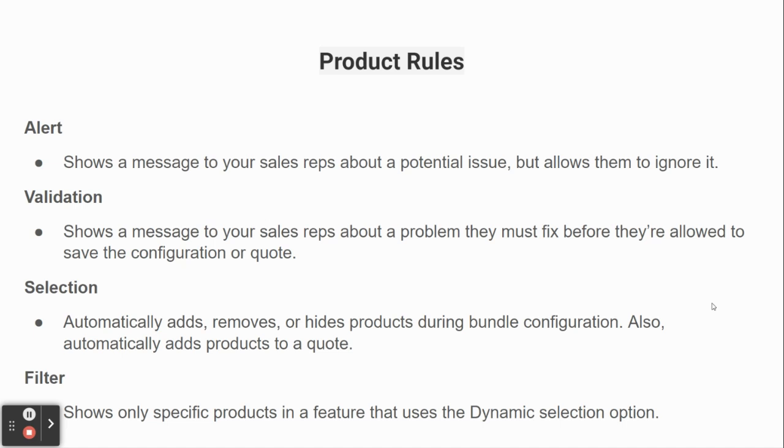So you can set up this feature where you create the products and dynamically have them available for selection if they select the bundle, and then they can just choose between that list of products. In the next section, we will dive into each one of these product rule types.